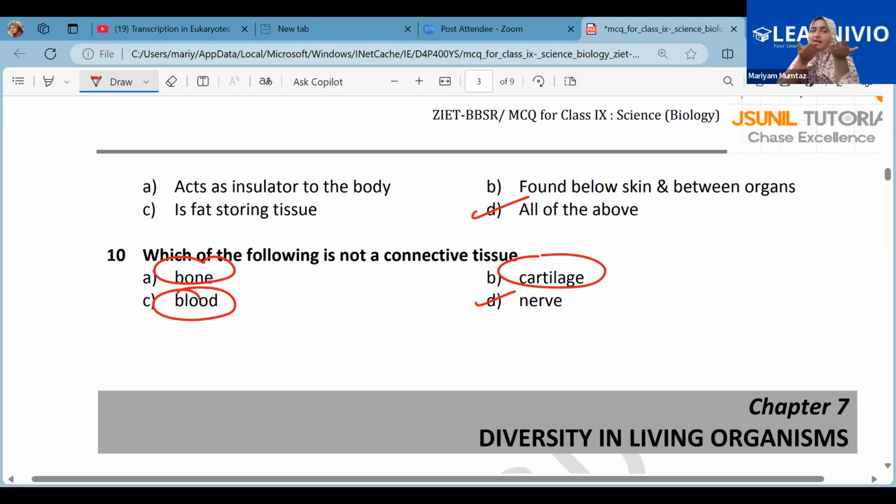Okay, what if I say plant hormones? What is the other word that I can use for plant hormone? Phytohormone. I'm asking you very basic questions, not even a level. I'm asking you whatever I've taught. Now tell me, what is a synapse?